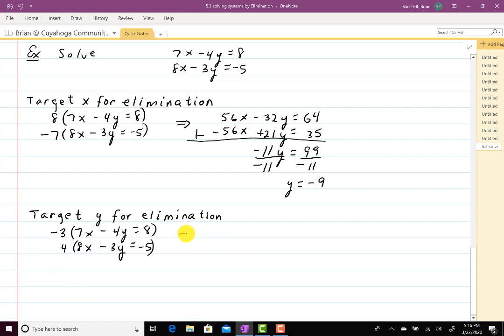So let me multiply that through. We have negative 21x plus 12y equals negative 24. And then we have 32x minus 12y equals negative 20.